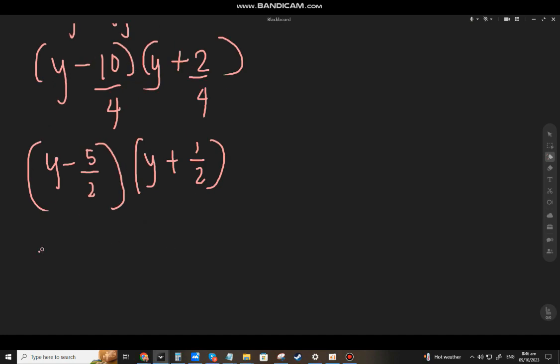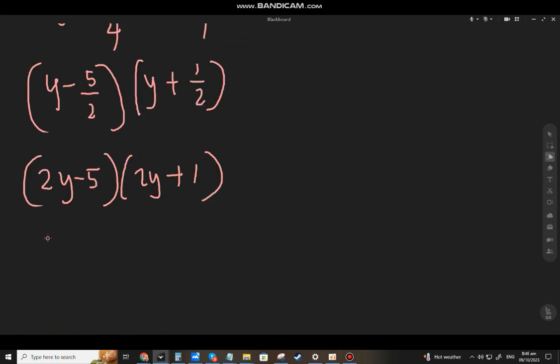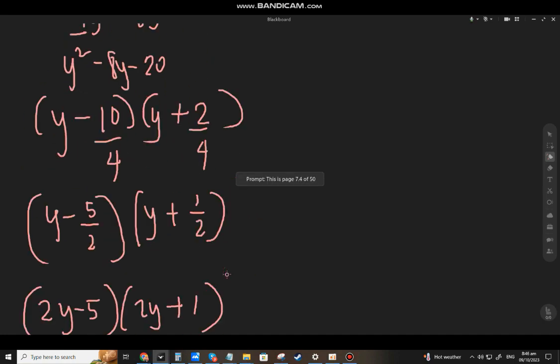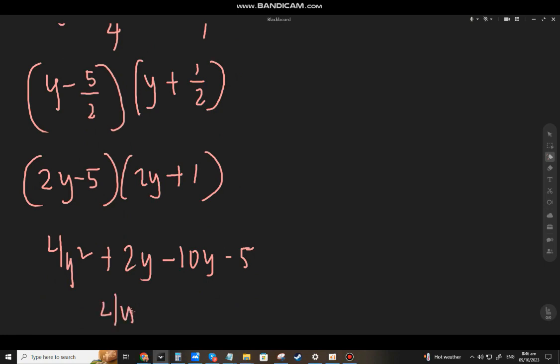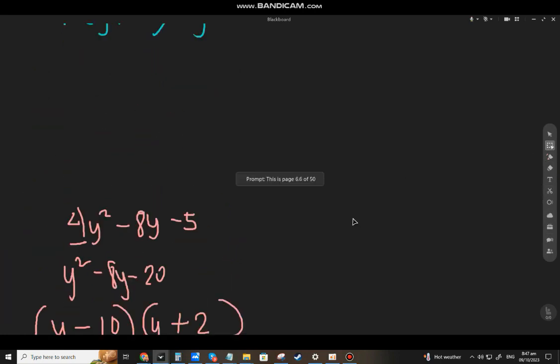Now you slide it. 2y minus 5, 2y plus 1. Let's FOIL it so we can check if we are correct. 4y squared plus 2y minus 10y minus 5. So 4y squared minus 8y minus 5. Yes, we're correct. So we're going to use this one.